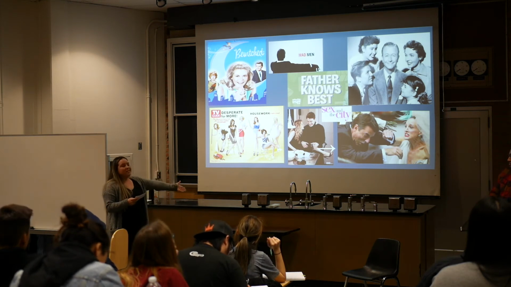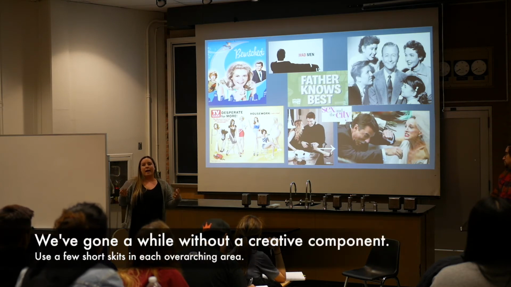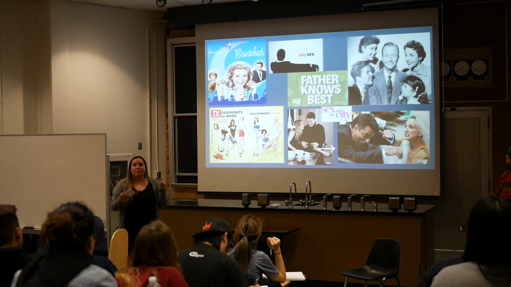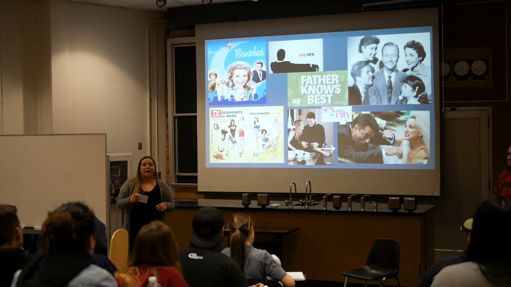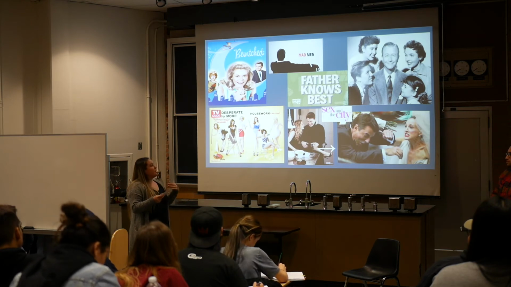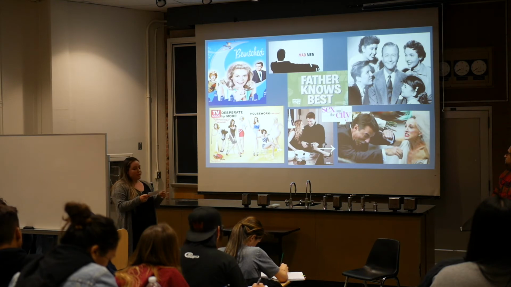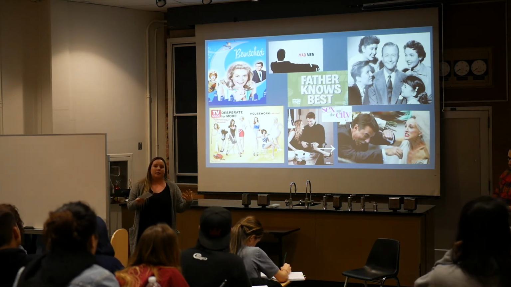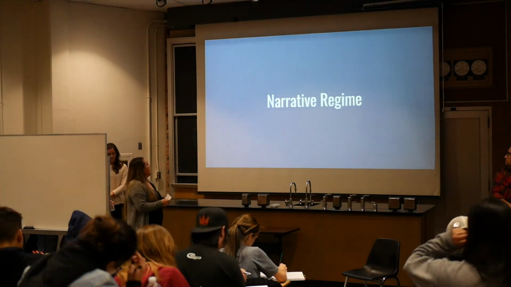Another example would be Sex and the City, which is what we all know as a women's show, and we continuously see Big, who, even when he's not physically present in that episode, continuously takes over the whole plot and determines what Carrie can and cannot do. And even in Mad Men, we are instantly introduced by men running everything, with women having little to nothing to say. The next term we have is narrative regime.